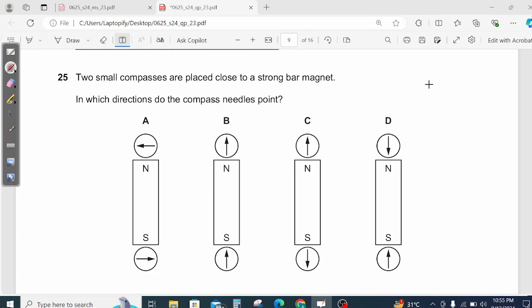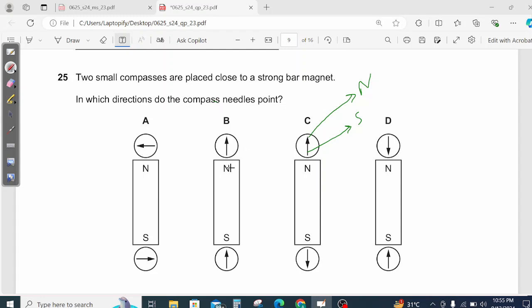Remember, in a compass needle, the arrowhead shows the north and the tail shows the south. North always attracts the south. It is just like similar charges repel each other, opposite charges attract each other. In the same way, similar poles will repel each other, opposite poles of a magnet will attract each other.